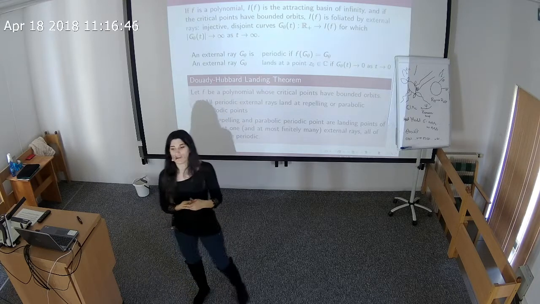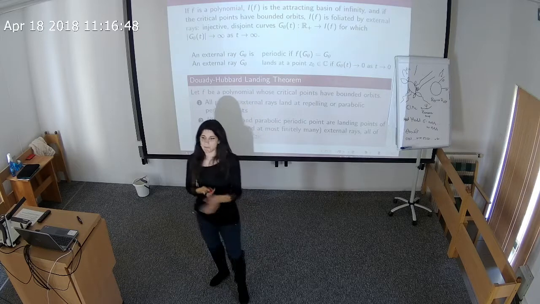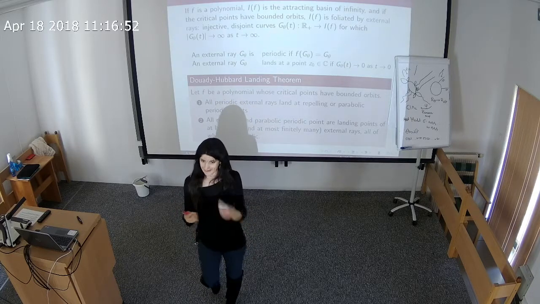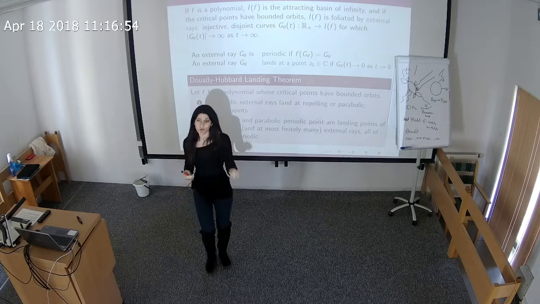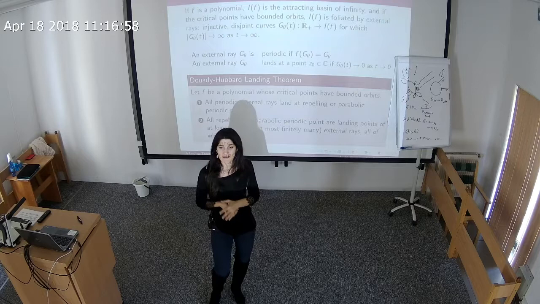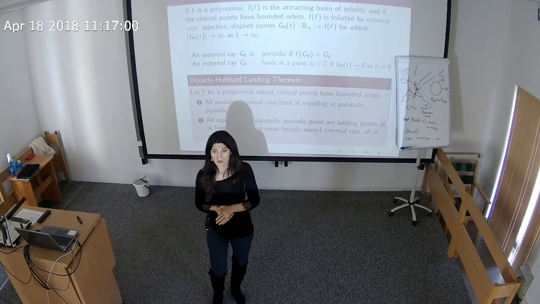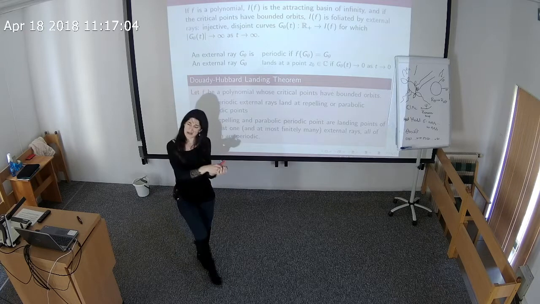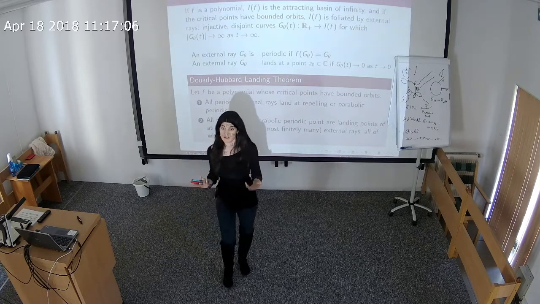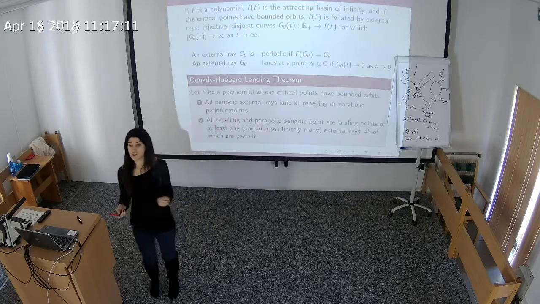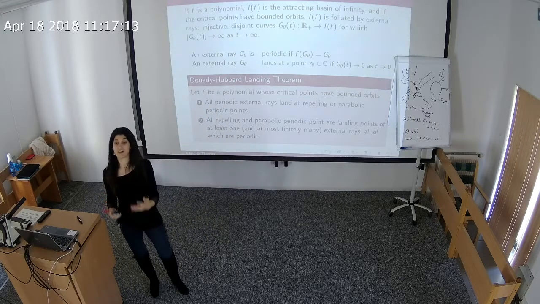It's called rigidity, MLC, Mandelbrot local connectivity. It has many names because there are many related conjectures. But essentially, the point is: is it true that for quadratic polynomials, all structurally stable parameters are also hyperbolic? It is not known, but this theorem about landing of rays and repelling periodic points being accessible by periodic rays is related to this conjecture and helps you to understand some special cases.